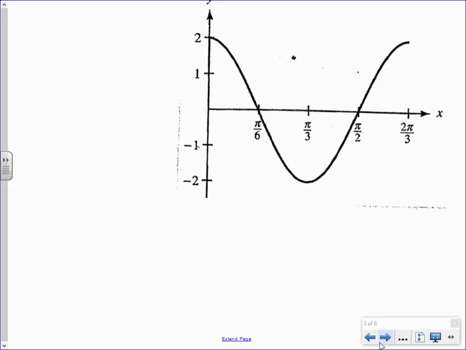Go ahead and draw what you can of this curve. It doesn't have to be super pretty, but at least have where it stops and the extremes.